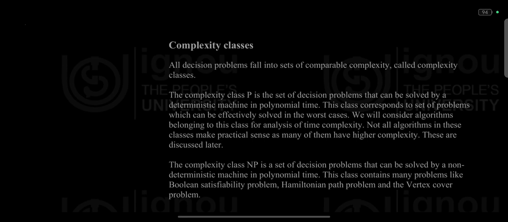This class corresponds to set of problems which can be effectively solved in the worst cases. We will consider algorithms belonging to this class for analysis of time complexity. Not all algorithms in these classes make practical sense as many of them have higher complexity.